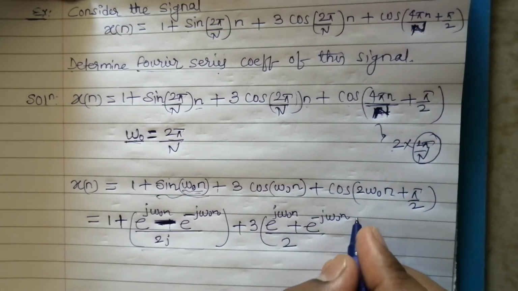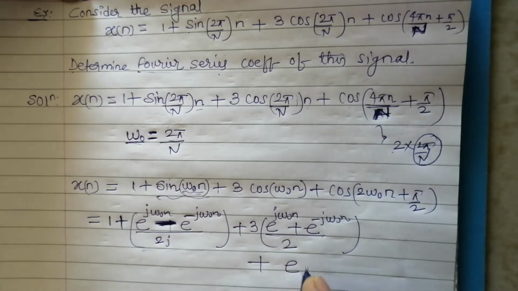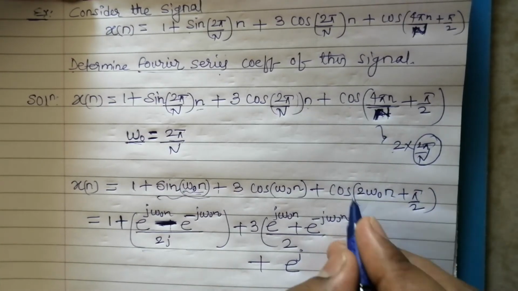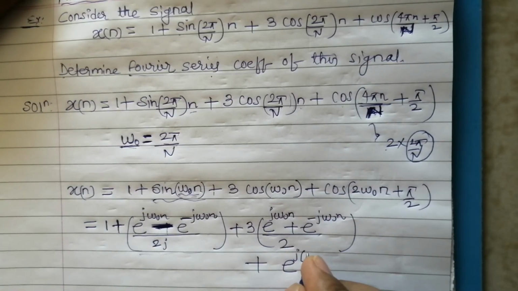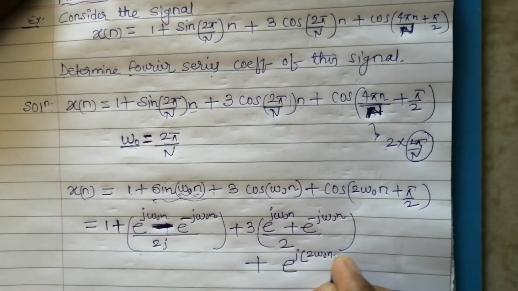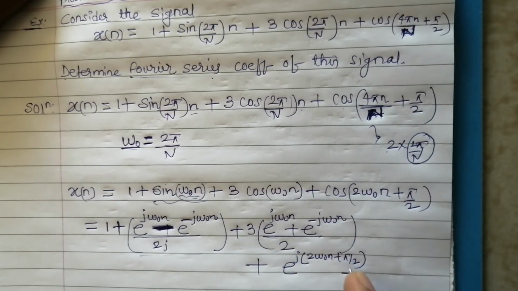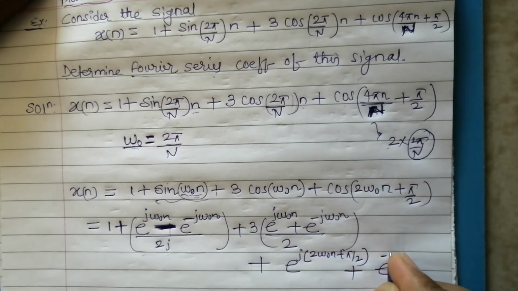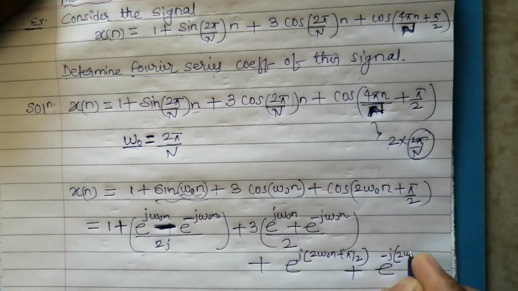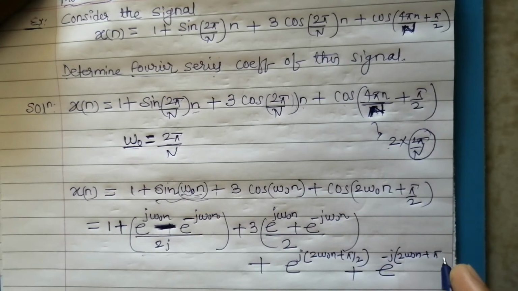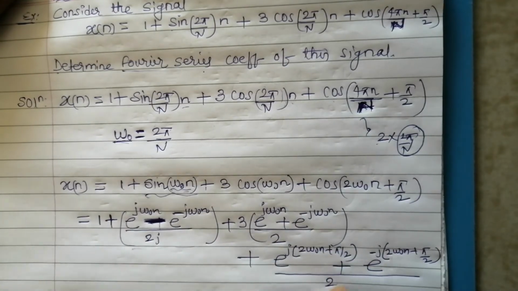The last term is cos, so that is e raised to power j, in brackets this complete part is theta, 2 omega naught n plus pi by 2, plus e raised to power minus j, in brackets again 2 omega naught n plus pi by 2, and the whole divided by 2.